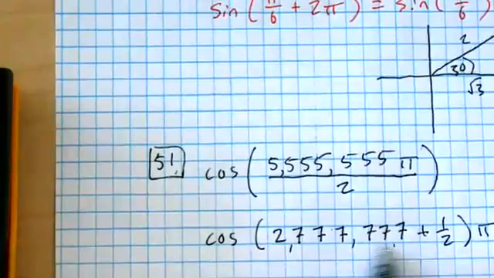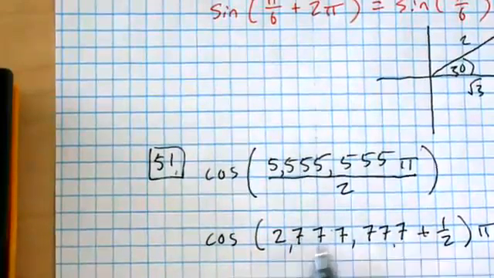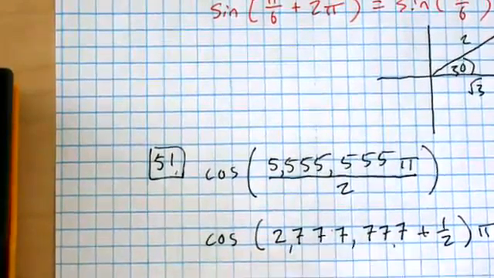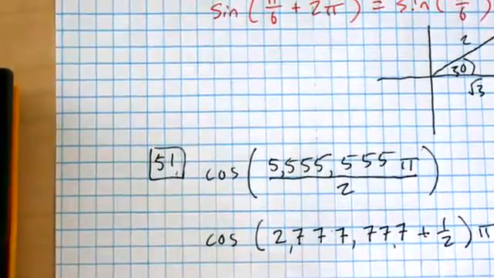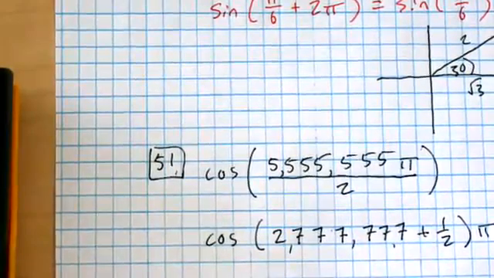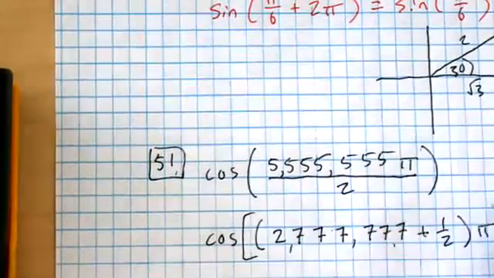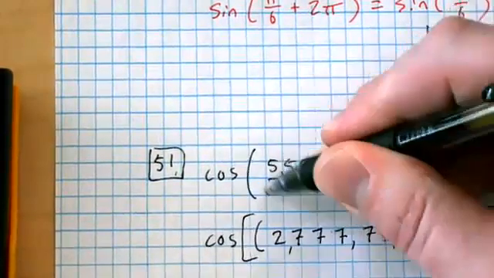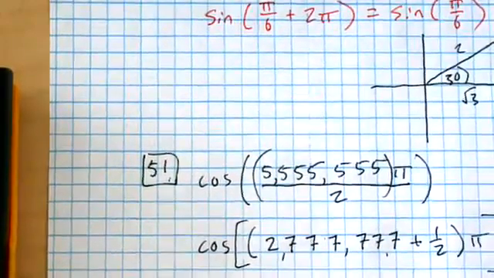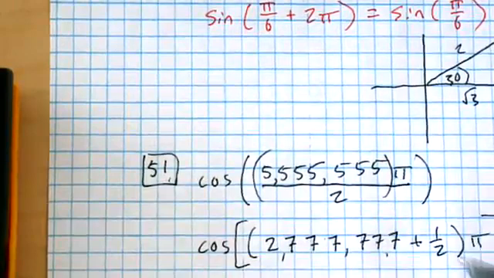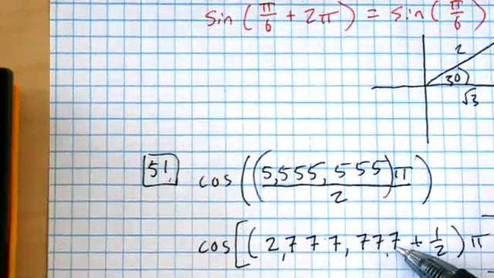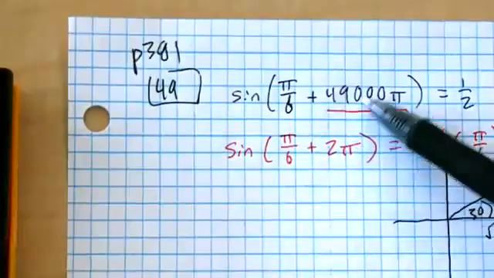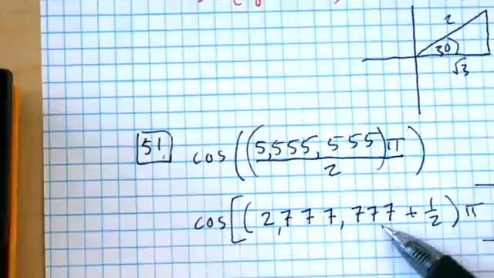I would be really happy if this were an even number, because if it were an even number, we could just ignore it, right? Because it would be an even multiple of pi. Do you see what I did there? I just took this part and wrote it separate from the pi. And if this were an even multiple of pi, we could ignore it, kind of like we ignored this up here.